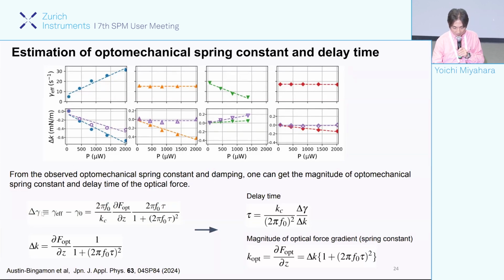Using these two pieces of information, delta gamma for the damping and delta K for the spring constant, we can extract the delay time, because the fact that we see a change in the Q factor means you have a delayed force. This delay time can be calculated by taking the ratio of the damping to the resonance frequency shift. And once you get that, you can calculate the slope of the optical force.